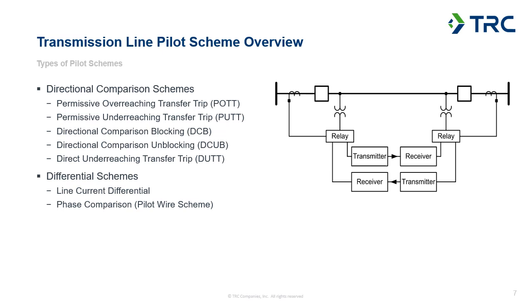So it not only knows what current measurements are happening at its instrument transformers, but also knows what's going on at the other terminal. So we can do some more advanced differential type protection schemes with that we'll talk about.